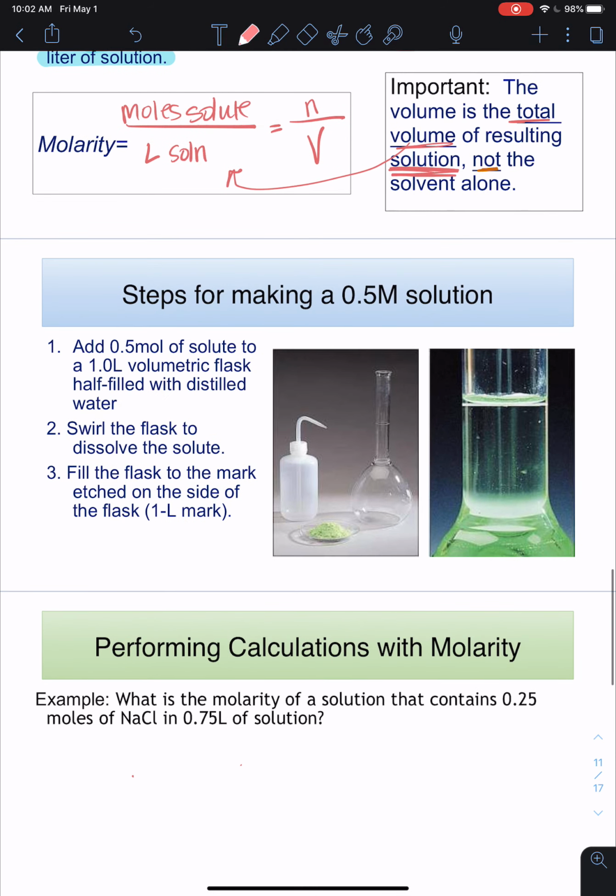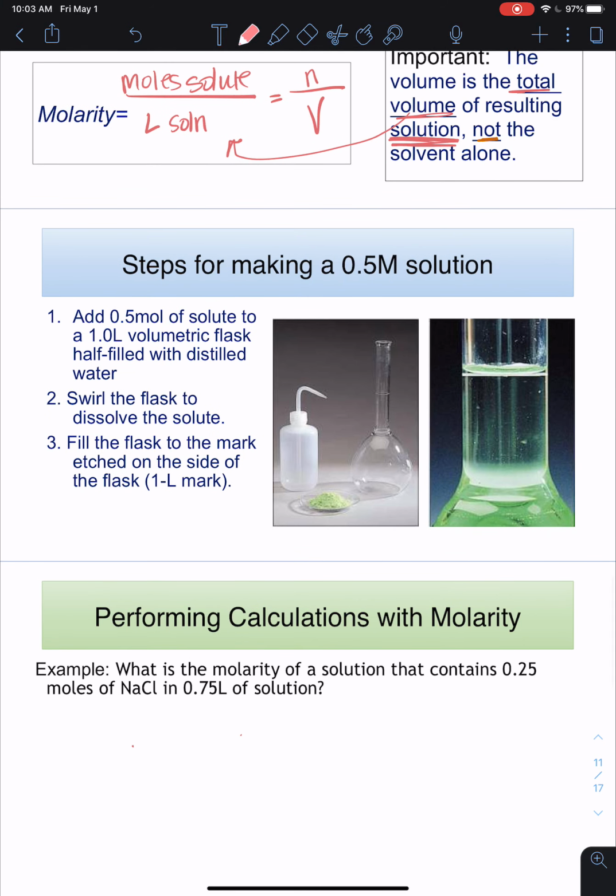Alrighty, so how do you make a certain solution? Really you're just gonna need a few things. You're gonna need your solute, your solvent, and some type of volumetric tool. In this situation, since it has this long neck on it, it is going to be a volumetric flask.